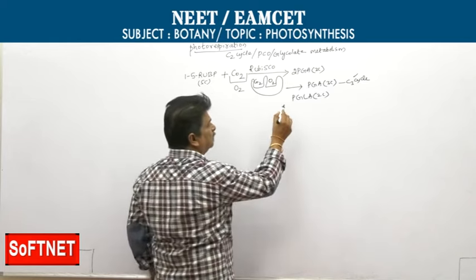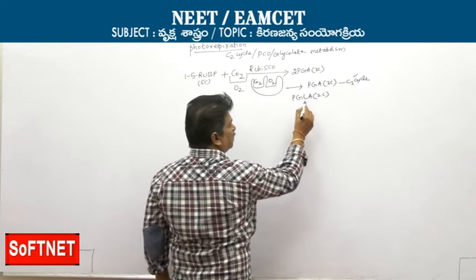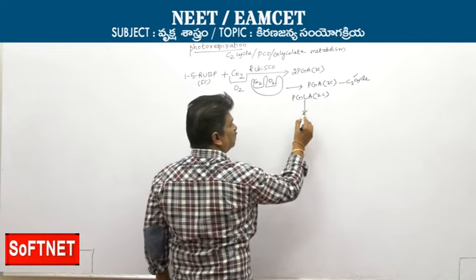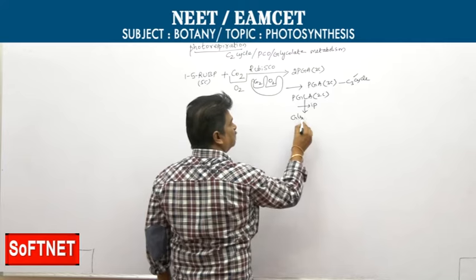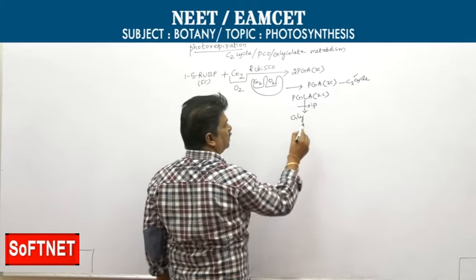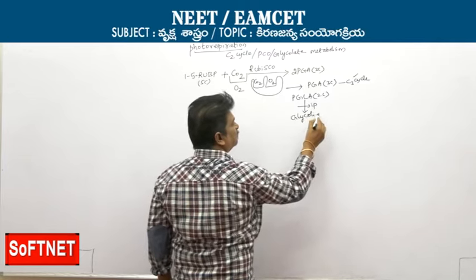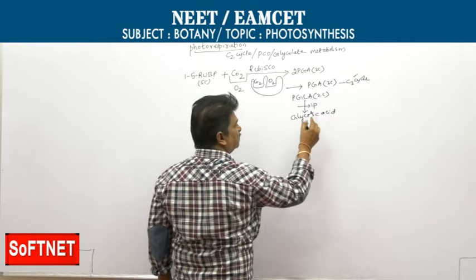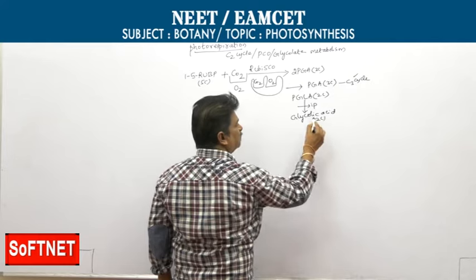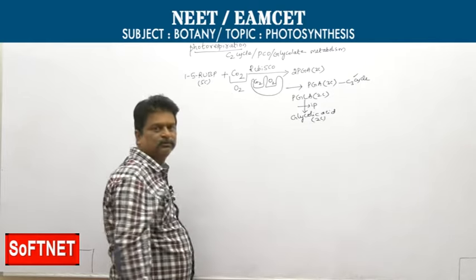Then in this phosphoglycolic acid, or phosphoglycolate, dephosphorylation takes place and this phosphoglycolic acid is converted into glycolic acid.